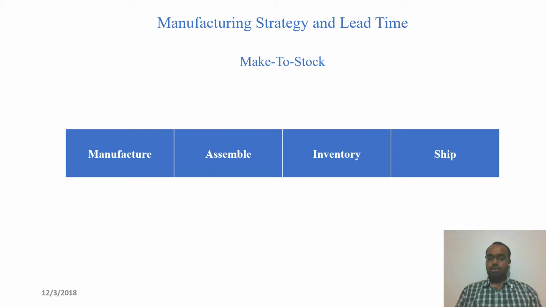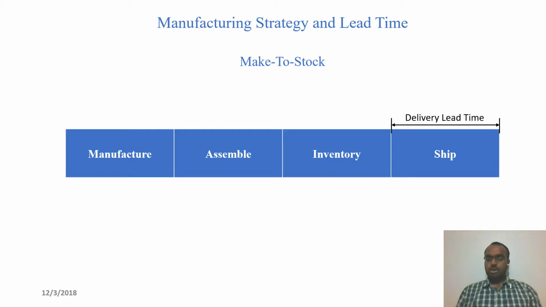So in the make-to-stock strategy, the product is completely manufactured even before the customer order is received. And this manufacturing is based upon the demand forecast, which is conducted based upon the market research and the intelligence of the organization. So the stages such as manufacture, assemble, and inventory occur even before the customer order is placed.